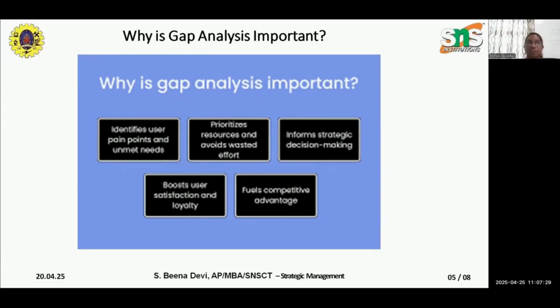It aligns resources with the goals, encourages continuous improvement, and helps avoid complacency by constantly questioning where the status is. This is why it is very important in an organization to bridge the gap and reach its goal.